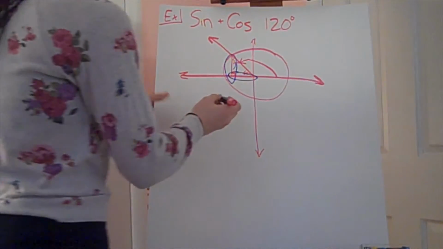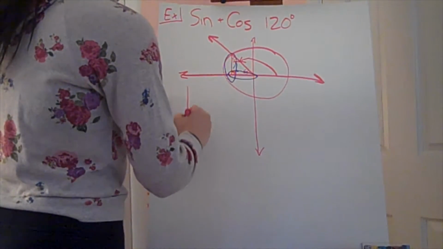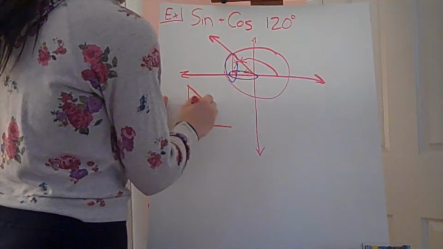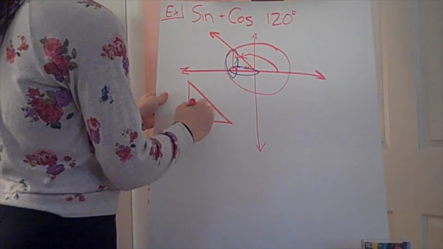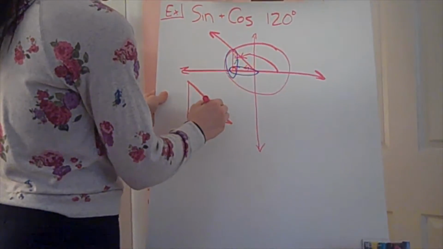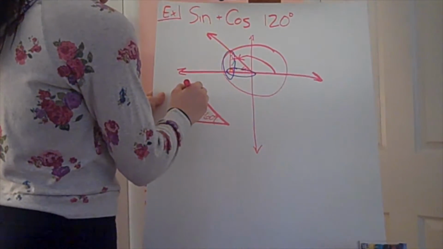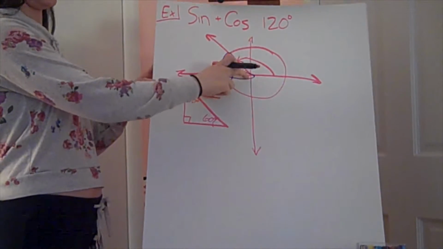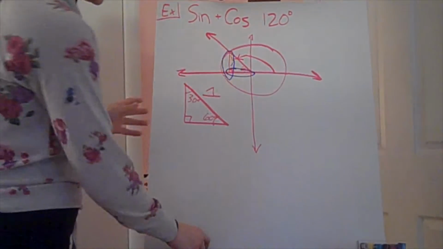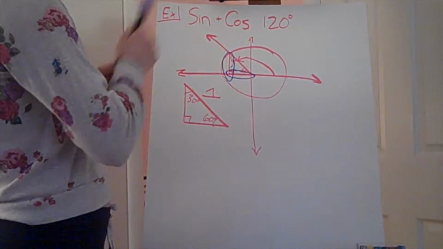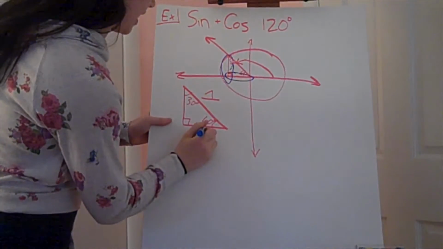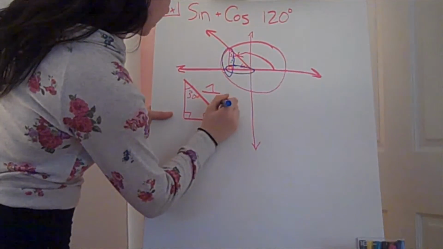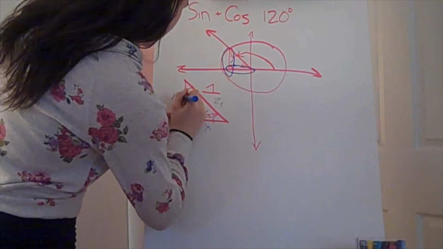So if we pull out that triangle over here, still 90 degrees, still 60 degrees, 30 degrees, and this is going to be 1. Since it's a unit circle, we know the radius is going to be 1. And then we know all 30, 60, 90 triangles are in the relationship x, 2x, and x root 3.